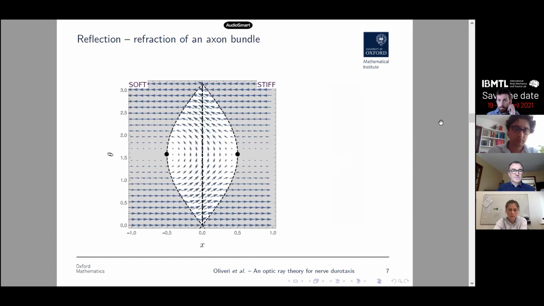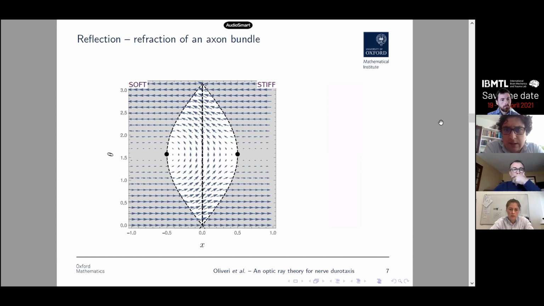To gain a geometrical understanding of what's going on, a classic thing done in applied mathematics is phase portrait analysis, a diagram where every position represents a possible configuration of the bundle, configuration meaning a position and an orientation. From every position, we draw a little arrow which represents the immediate direction that the system will take from that position.